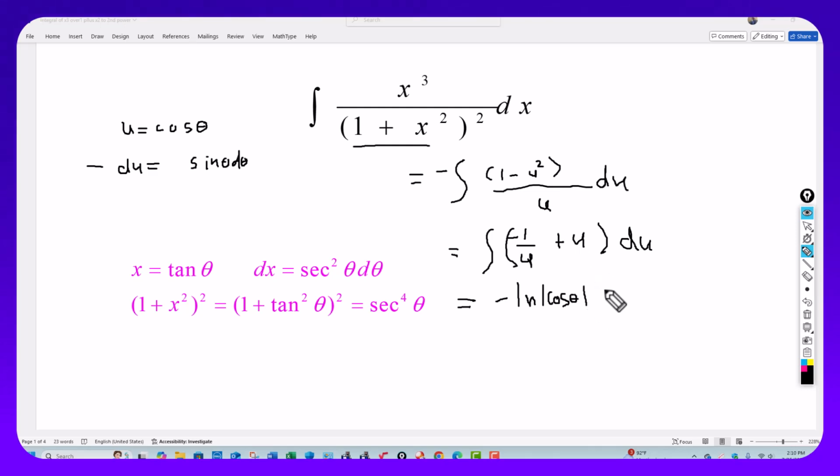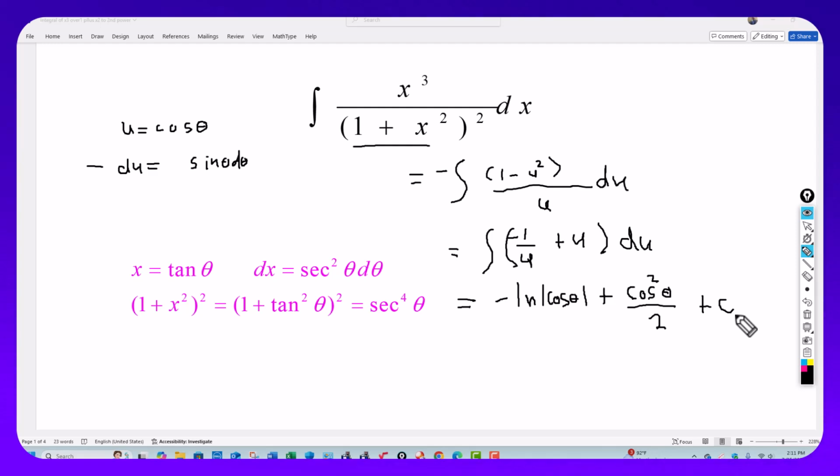And then the integral here: add 1 to the exponent, 1 and 1, it's 2, and divide by that, so it'll be u squared over 2. But remember, u is cosine of theta. So instead of u squared over 2, I'm going to put cosine squared theta over 2, plus the constant of integration.